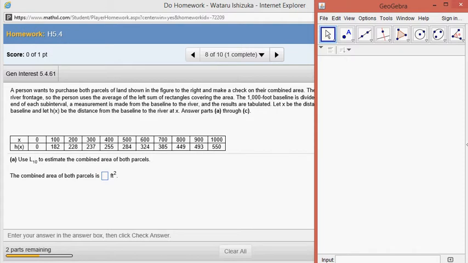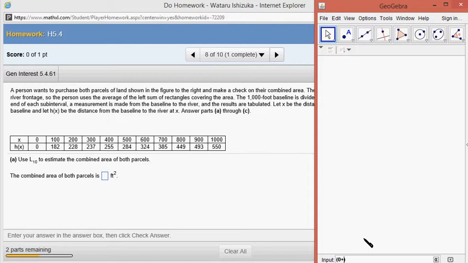We're going to use the left sum. So in parentheses, for the first interval between 0 and 100, we use the left sum, so 0.